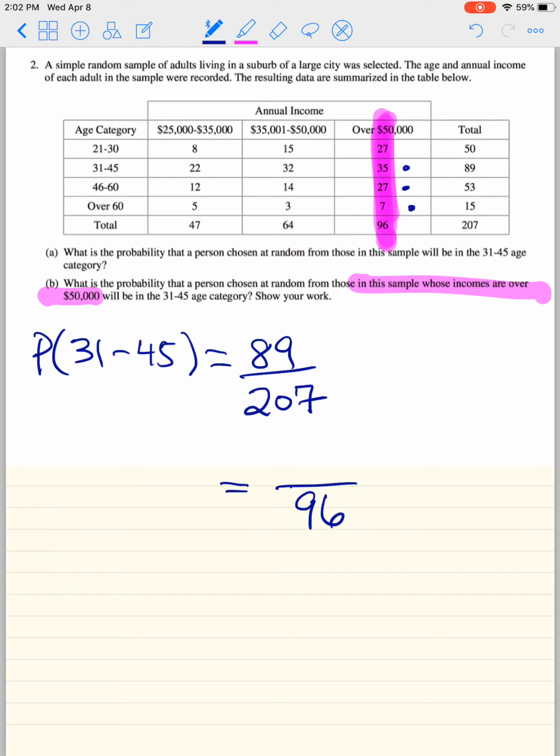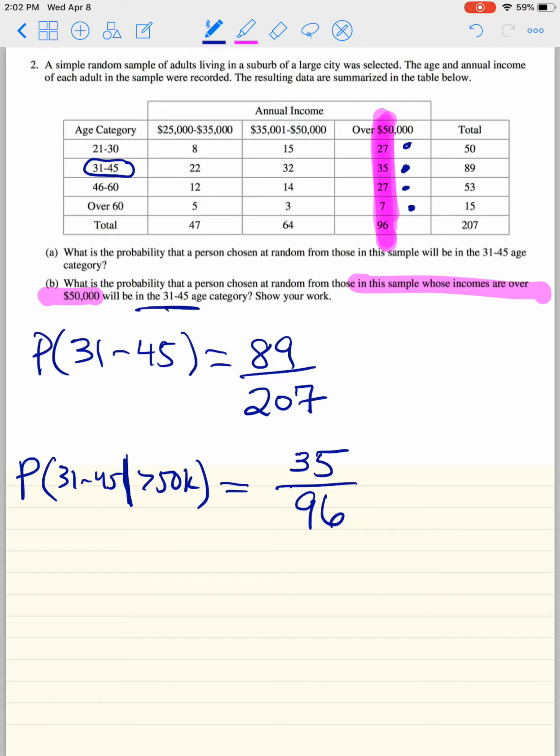So either him, or him. What is the probability that the person will be in the 31 to 45 age group? So that's this guy here. So it's 31 to 45 given they make more than 50K. And that's how you do that.